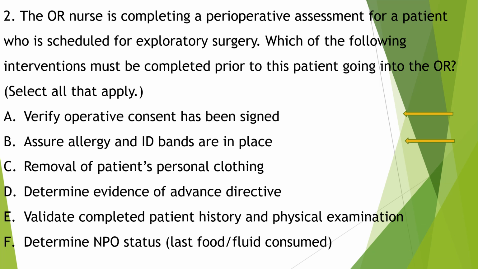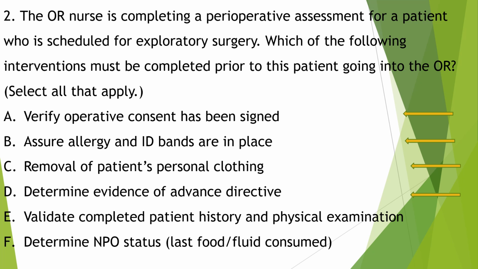So in the peri-operative assessment, of course, you need to check for the signed consent, check for any allergies and ID bands, removal of patient's personal clothing, determine the evidence of advance directive. You know that advance directive is something like the patient's wishes. That is when the patient is incompetent to express his or her wishes in a medical emergency.